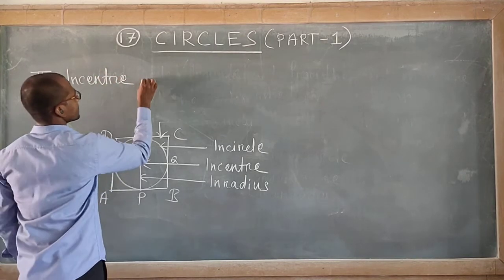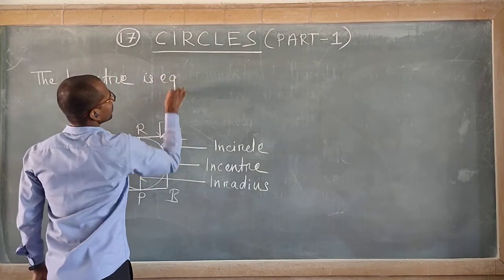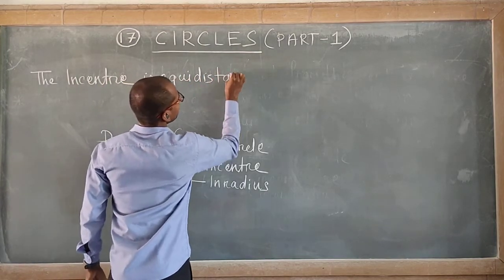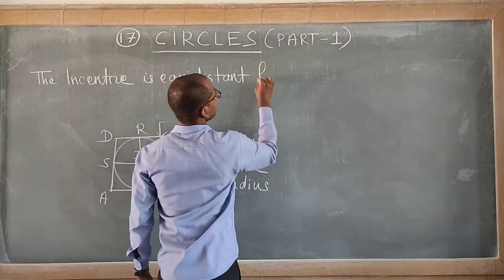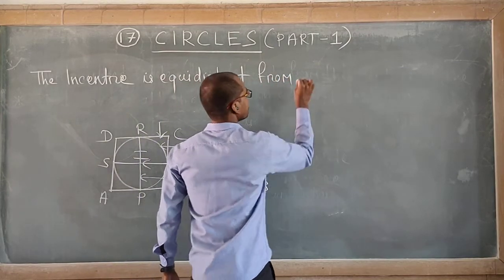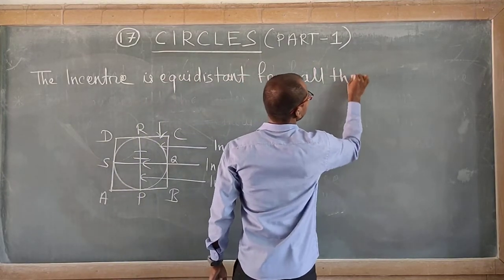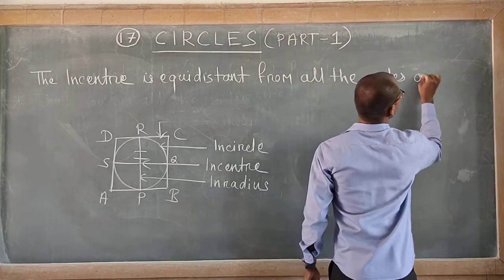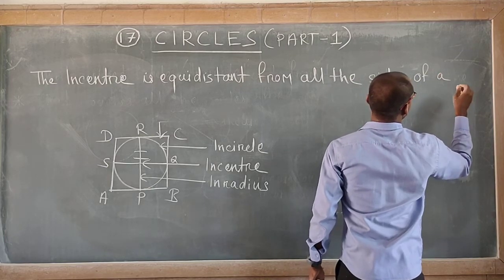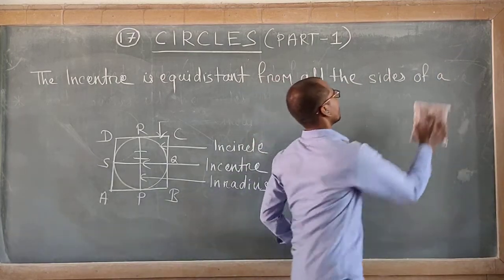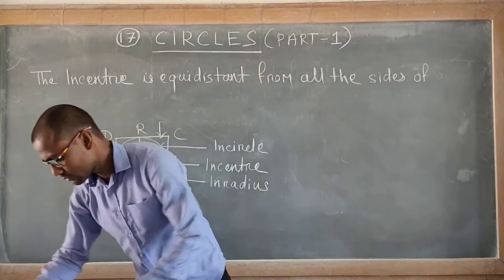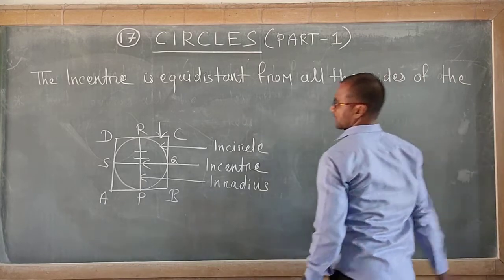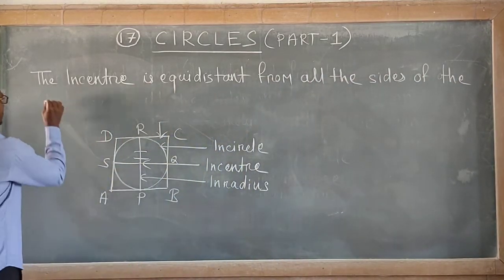The incenter is equidistant from all the sides of the circumscribed polygon.